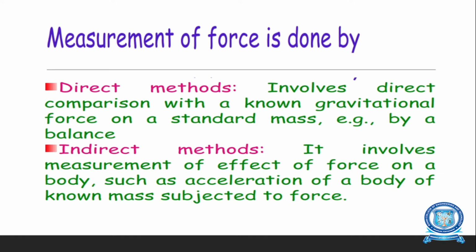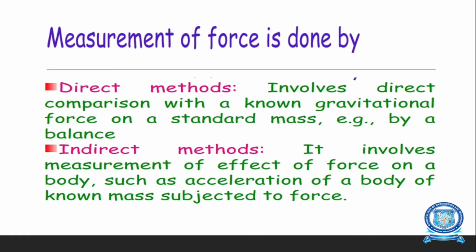Direct method means it involves a direct comparison with a known gravitational force on a standard mass. For example, we are using a balance. By balancing, we can get the measurement of force with the help of this direct method.